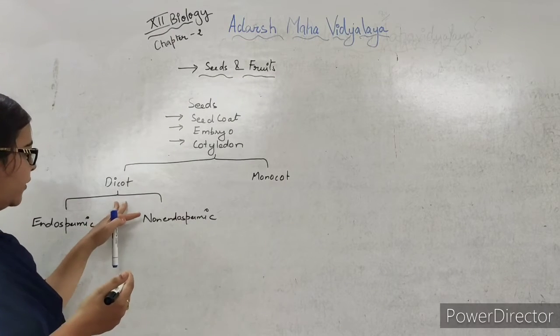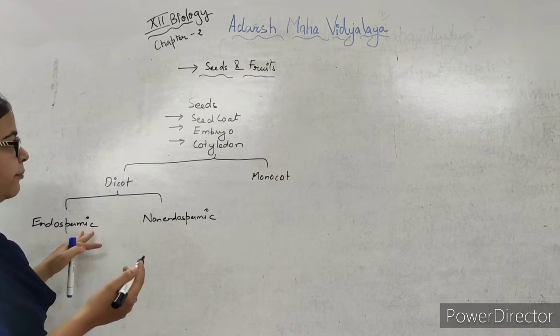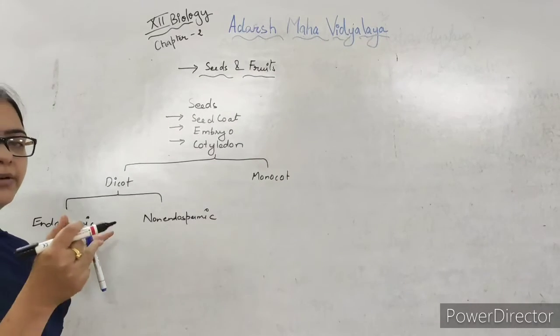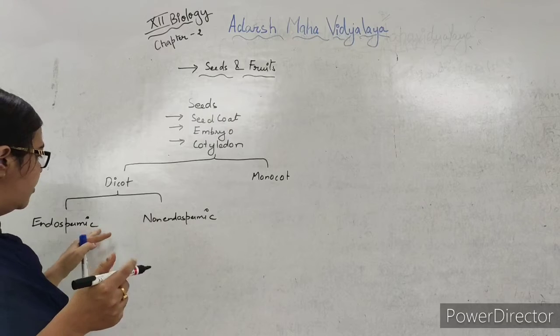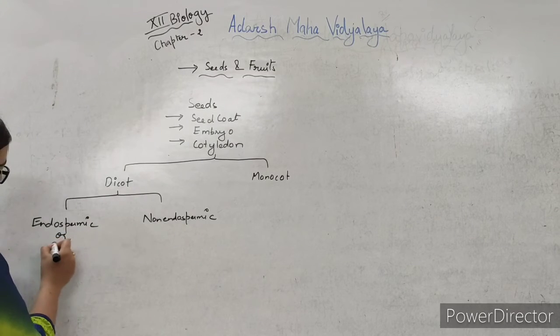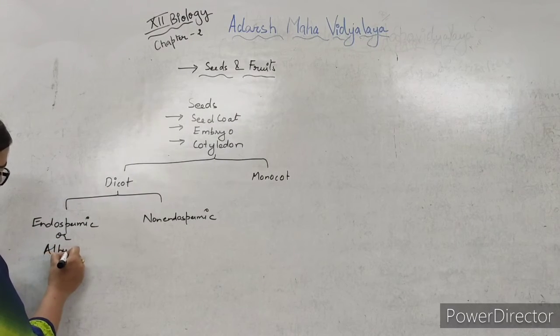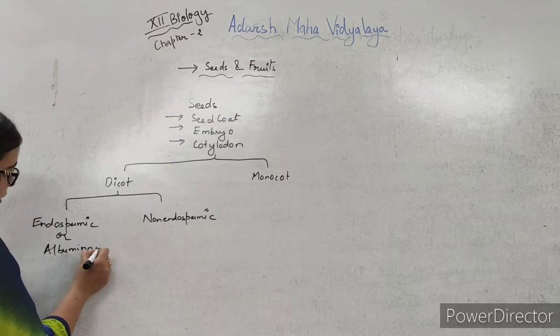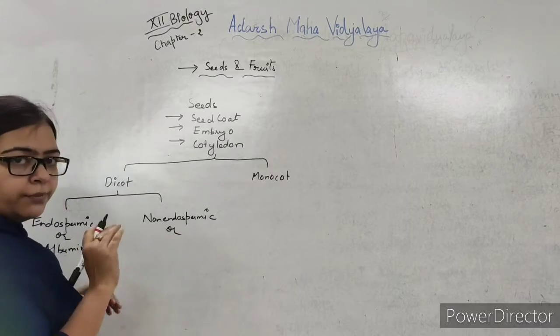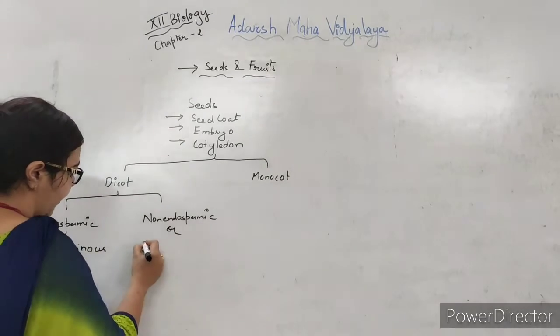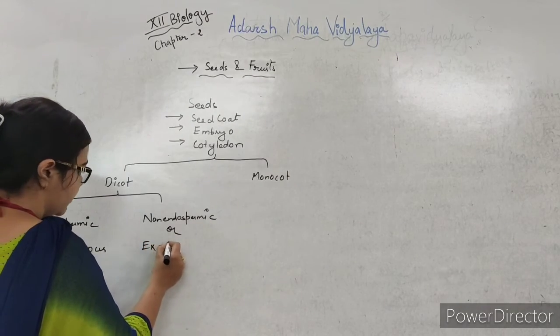So in some dicots, after the embryo formation, this endosperm will remain, and so these seeds are called endospermic seeds, or we can call them albuminous seeds. And in some, this endosperm will not be there, and so they are called ex-albuminous seeds.